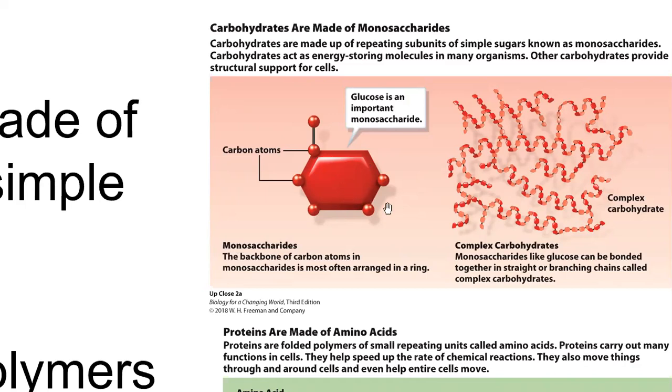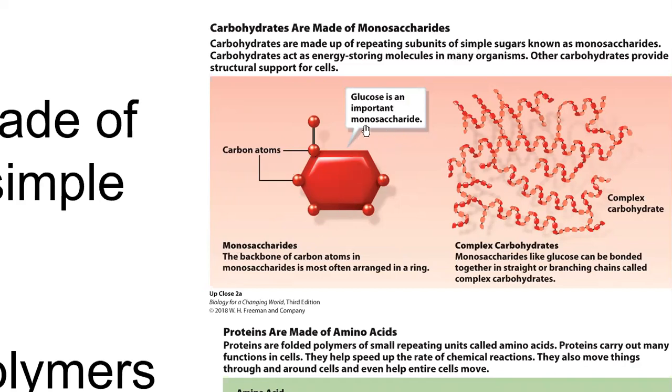But think of this as a Lego. This sugar has some multiple names. Of course, this specifically is called glucose, but you can call one of these a monosaccharide, one sugar. Also, they call these things simple sugars. You see that right here?